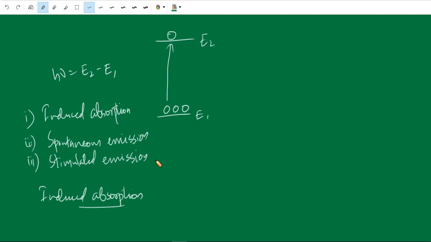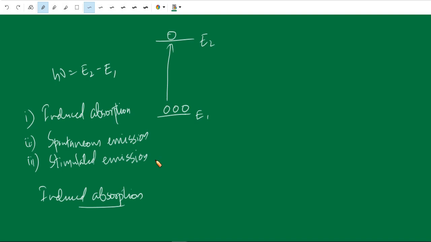This atom at energy level E2 cannot stay there for a long time. In about 10 raised to minus 8 second, this atom comes back to the energy level E1 by emitting a photon of energy h nu. The emission of the photon occurs on its own without any external influence. Therefore, it is called spontaneous emission, the emission of a photon by the atom by its own.